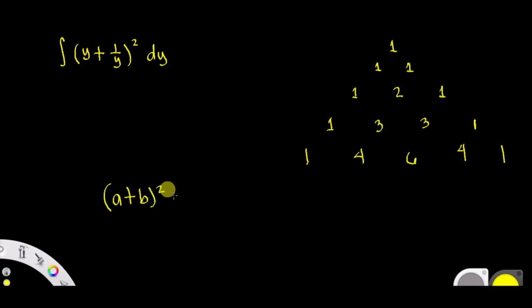So if we are going to expand a plus b squared, we are going to use this Pascal triangle. So for this first pile ng number, this represent a plus b raised to 0. And then the next is a plus b raised to 1. And then this represents the a plus b raised to 2.